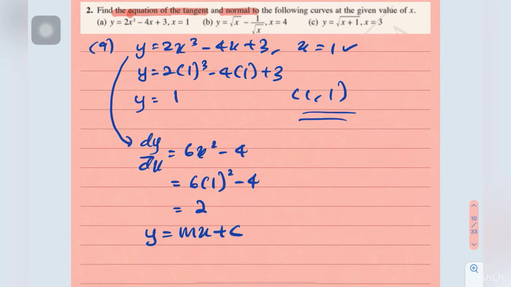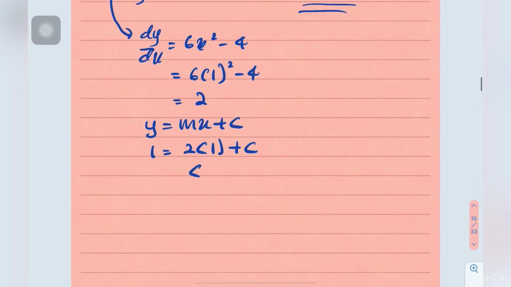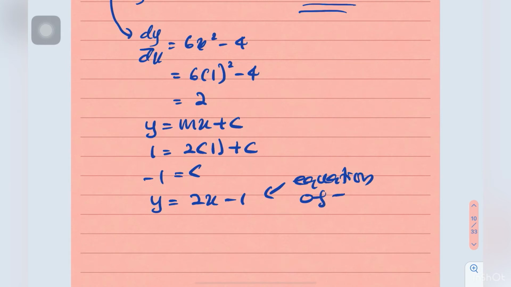Now we have point (1, 1), so y is 1, m is 2, x is 1, plus c. So c is negative 1. Therefore equation of tangent is y equals to 2x minus 1. This is equation of tangent.